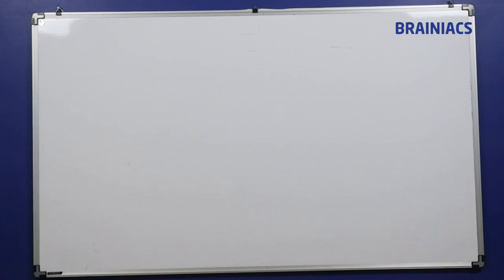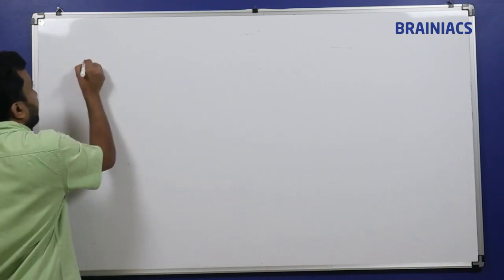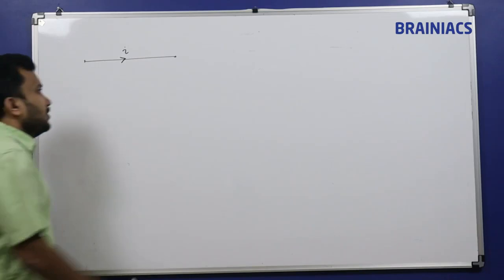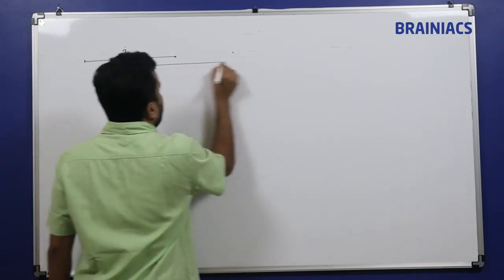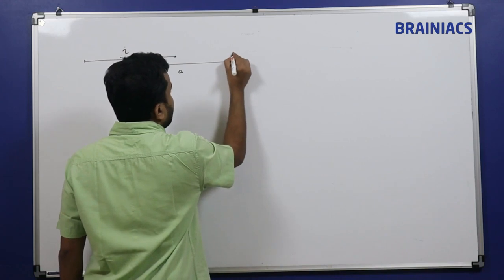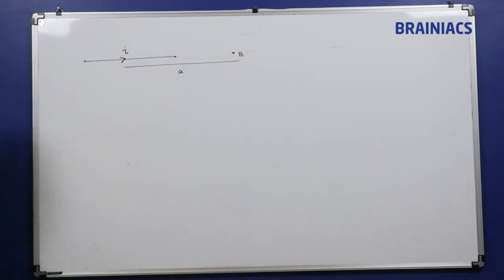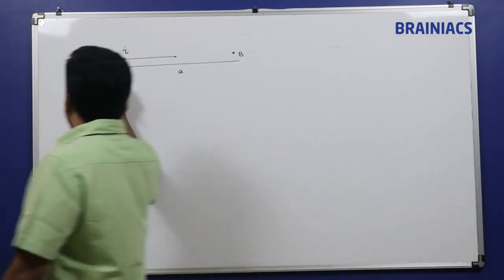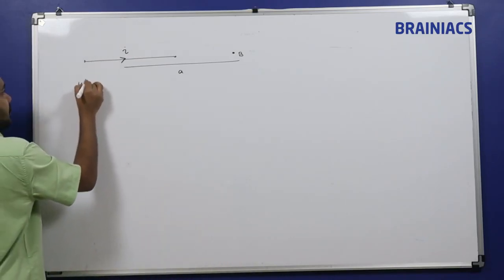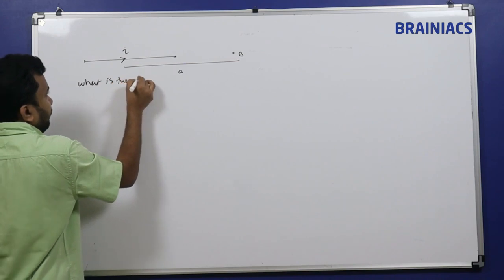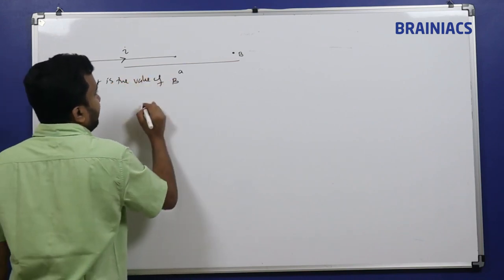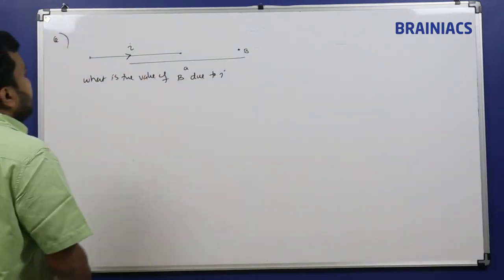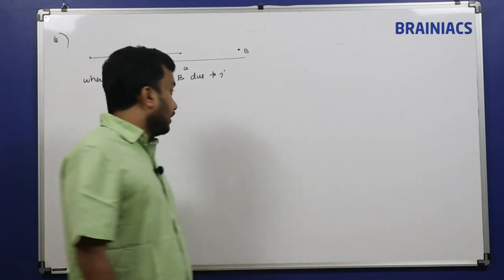Let me take one example. Suppose I have a current carrying conductor carrying a current I. The question is: at a distance of a meter away from the center, along the line of the conductor, what is the value of the magnetic field along that direction? So the current in the conductor is I, and we need the value of the magnetic field B due to the current.